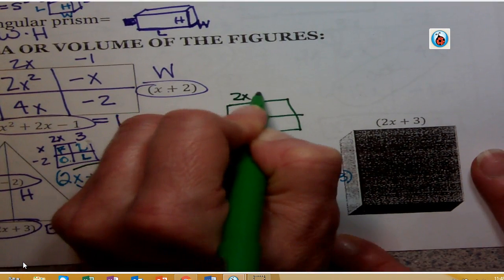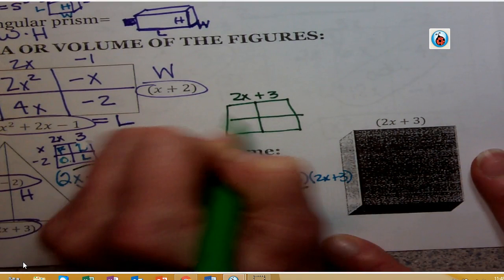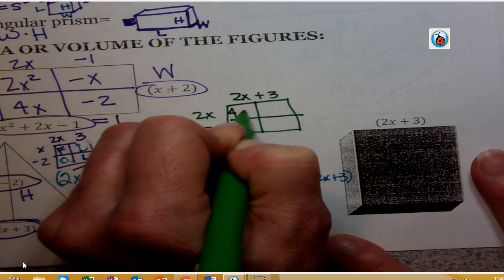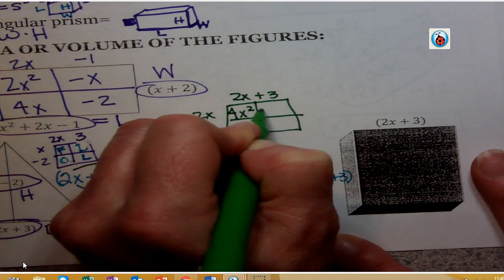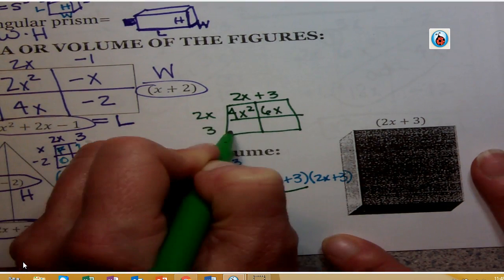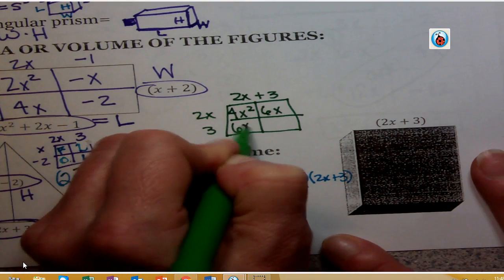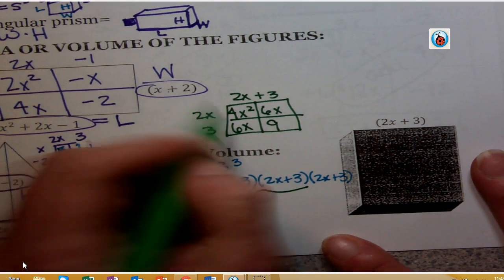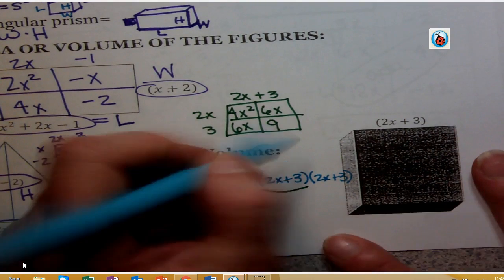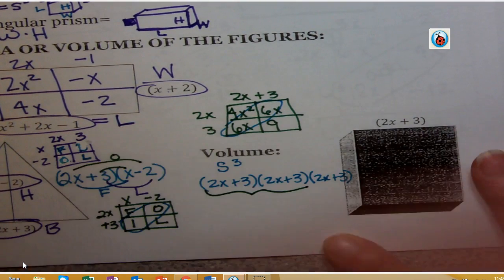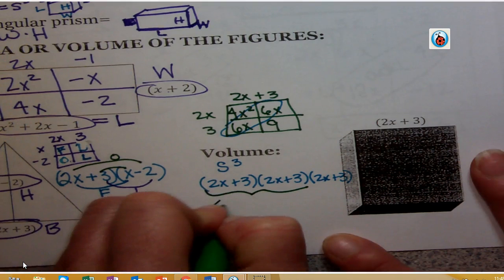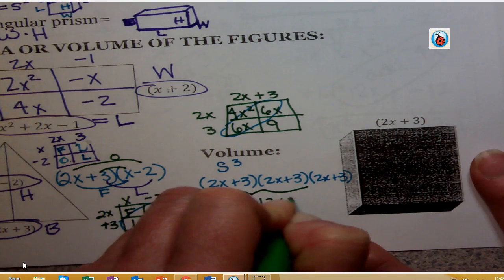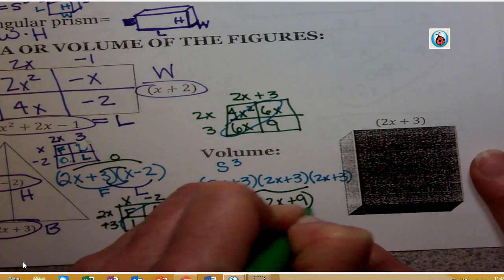So we get 2x plus 3, 2x plus 3, 4x squared, 6x, 6x, and 9. Then we're going to combine.